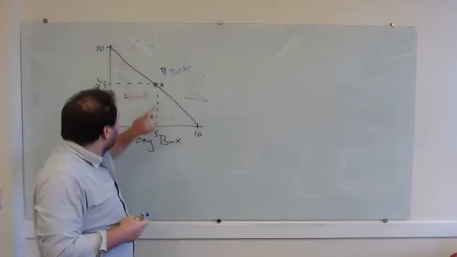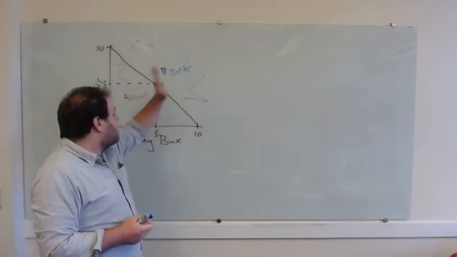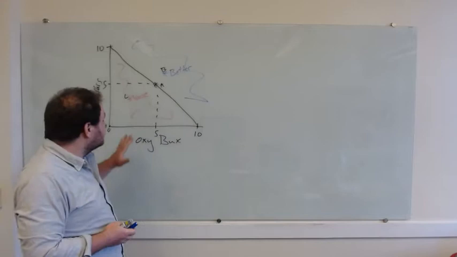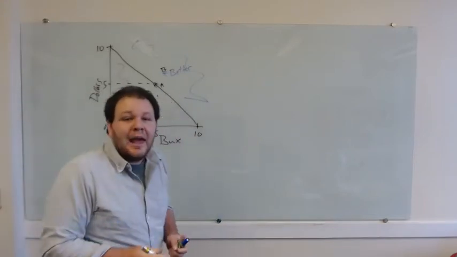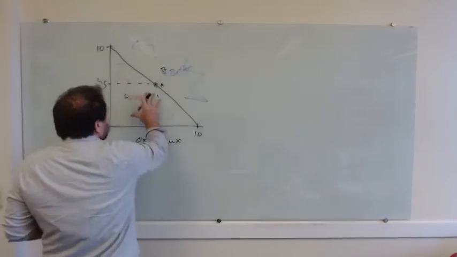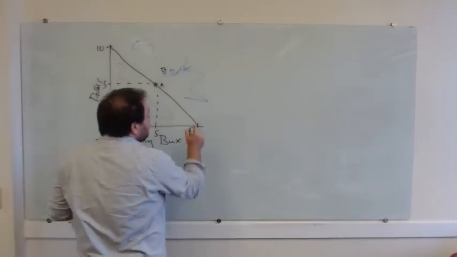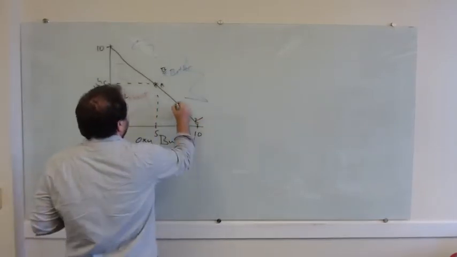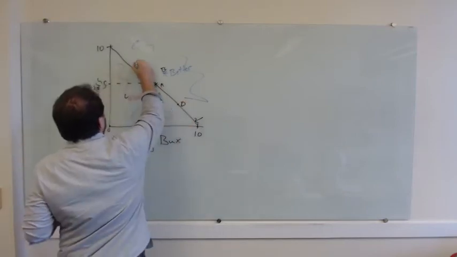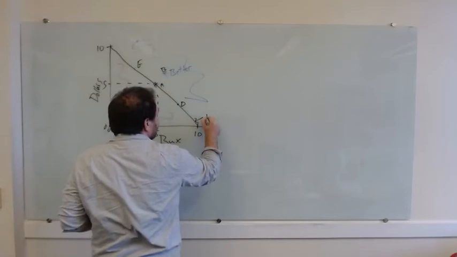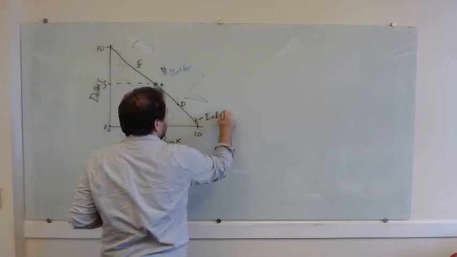I've now compared 5 and 5 to every feasible combination of dollars and oxybucks that I could potentially have. And what I'm going to say, everything above is better, everything below is worse, everything on this line I'm indifferent to. I don't care if you give me A, or if you give me D, or if you give me E. So I'm going to call this line an indifference curve.